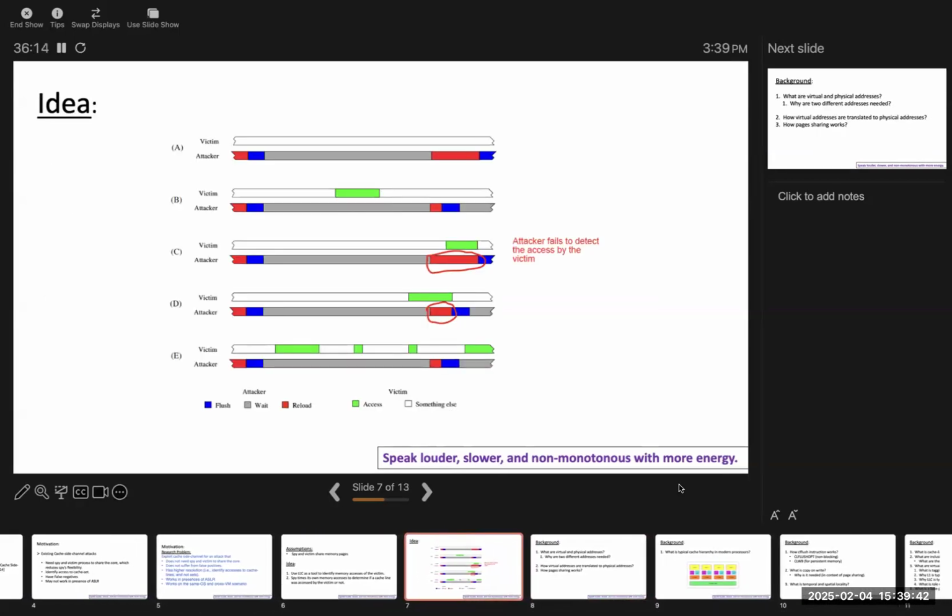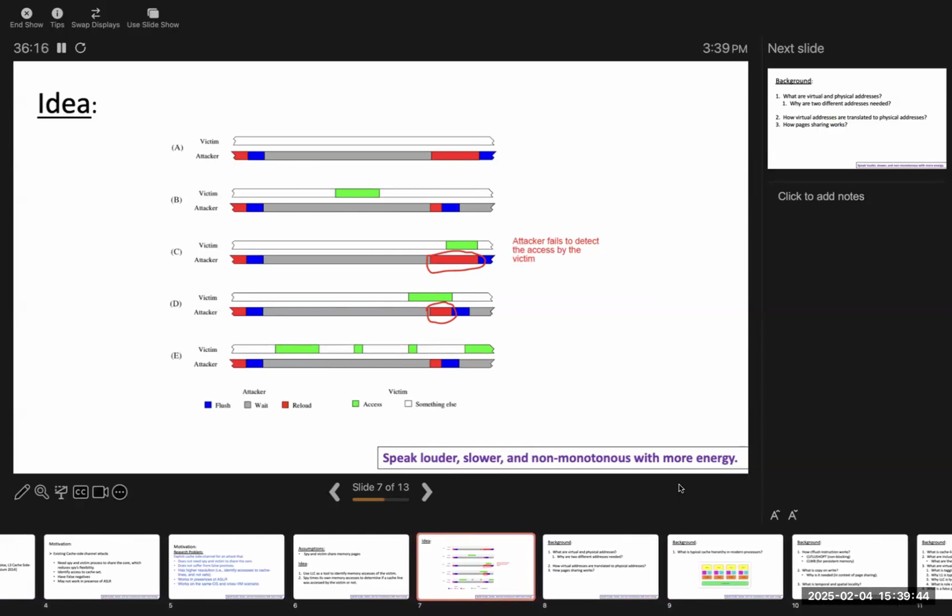Okay, so anyone who knows the answer, raise your hand. What is an inclusive cache? What is an exclusive cache?